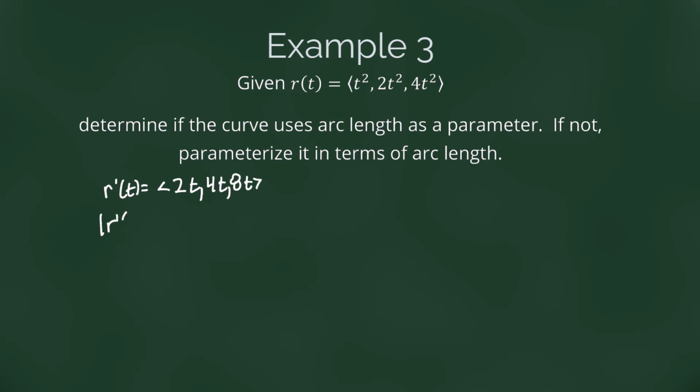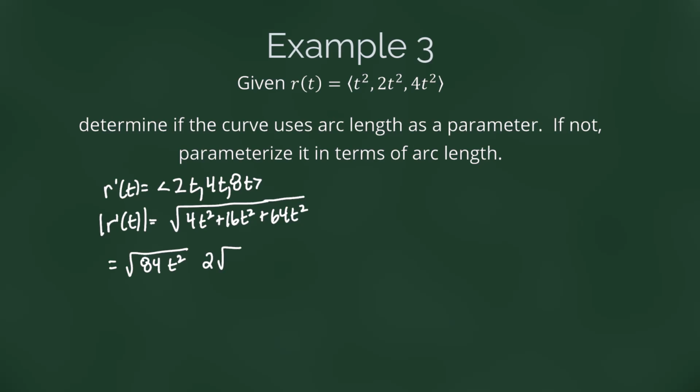The magnitude of that is going to be the square root of 4t squared plus 16t squared plus 64t squared, which is the square root of 84t squared, which simplifies to 2 square roots of 21 times t. We'll assume here for our purposes that t is a positive number, so we don't have to deal with the absolute value of t when we take the square root of t squared.